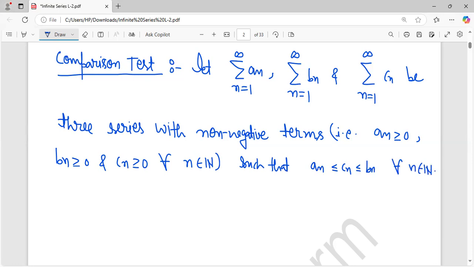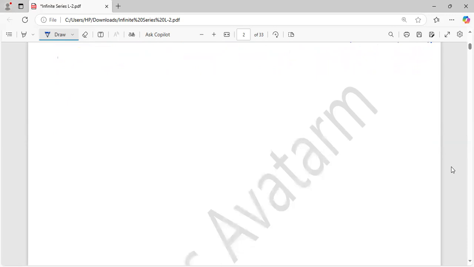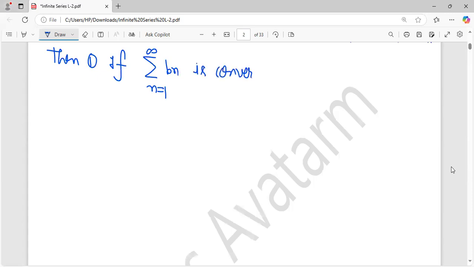Okay, if... then, one, if this series summation n goes to 1 to infinity bn is convergent, then this series summation n goes to 1 to infinity cn is also convergent.